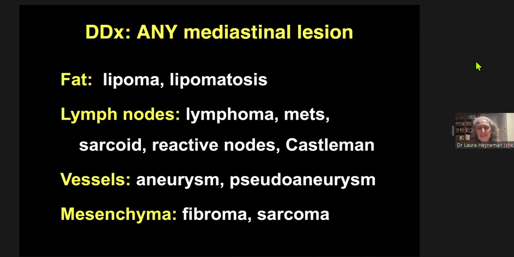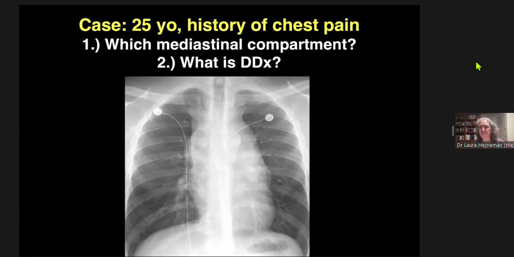Any pathology involving a vessel and a mesenchymal tumor like a fibroma or sarcoma can occur in any mediastinal compartment. Okay, so that's just sort of setting the stage, anterior, middle, posterior, what entities lie in each and where they're delineated.